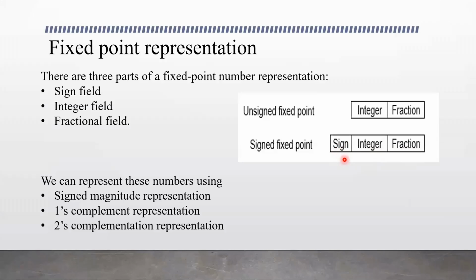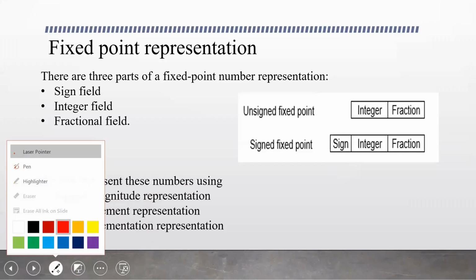If there are n bits in the data, the nth bit is the sign bit. I already told you it may be 0 or 1. 0 represents a positive number, and if the sign is 1, it is a negative number. And we can represent this using signed magnitude representation, 1's complement representation, or 2's complement representation.